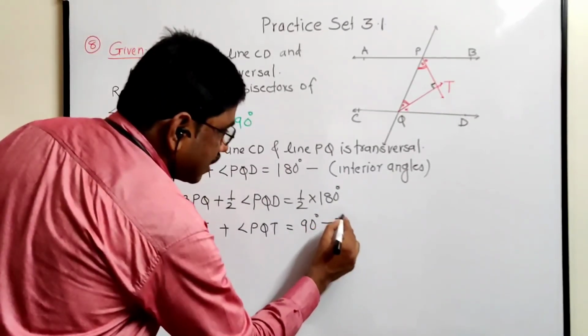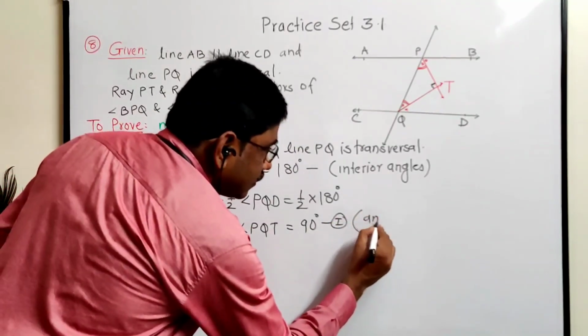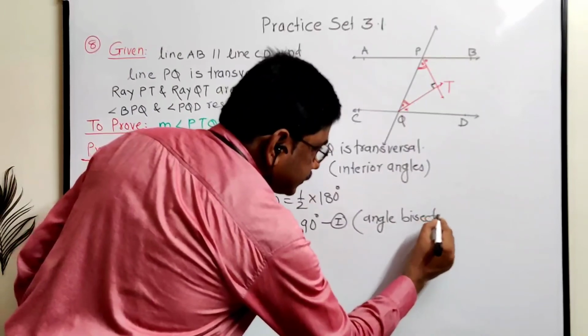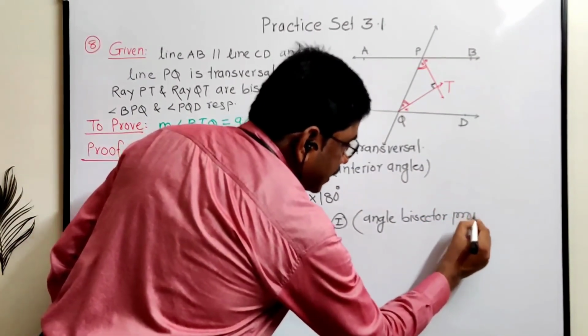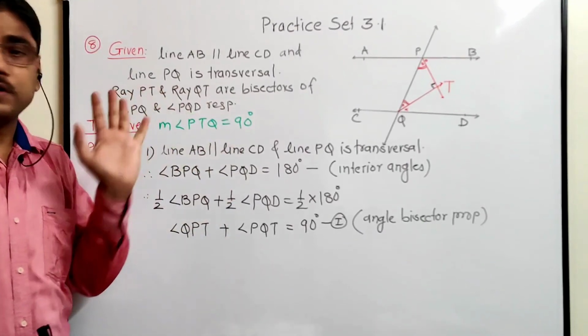This is our statement number 1, and here we use the angle bisector property, because an angle bisector divides the angle into two equal angles. Each angle is half of the original angle.